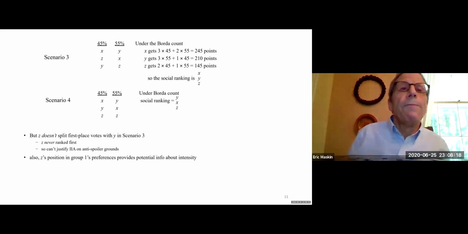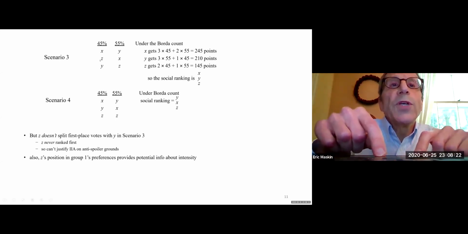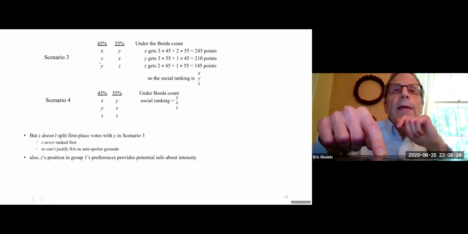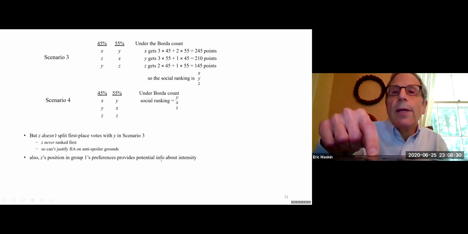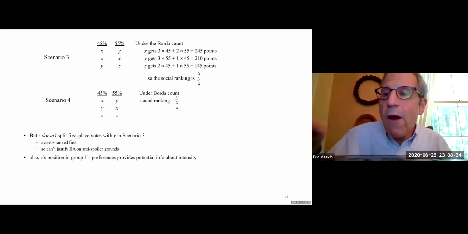And furthermore, there's a sense in which Z's position in group one's preferences is providing some useful information about the group one people's preferences.